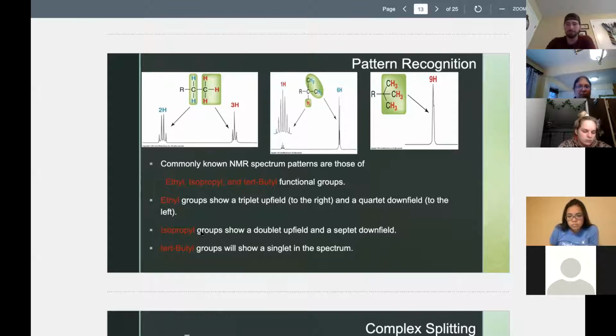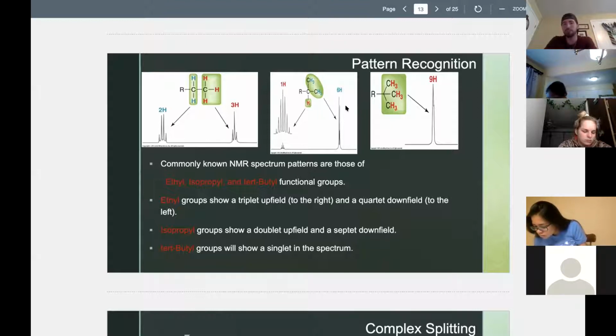Isopropyl groups, you're going to have a doublet upfield and a septet downfield. This is because the 2 methyl groups here are the same group, so they won't affect each other. But the single proton here will affect them, and the 2 methyl groups will affect that single proton.